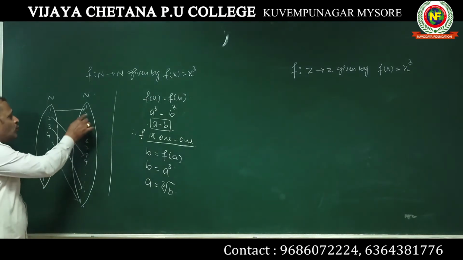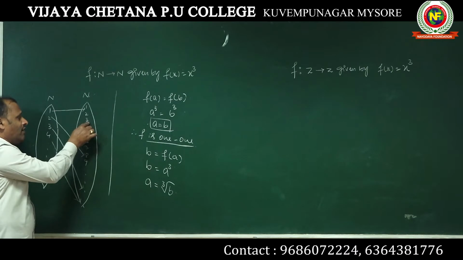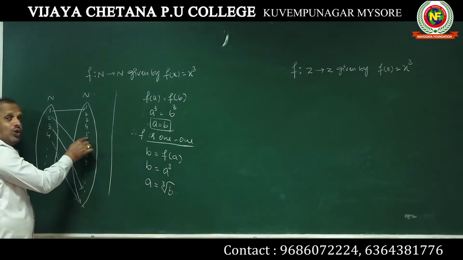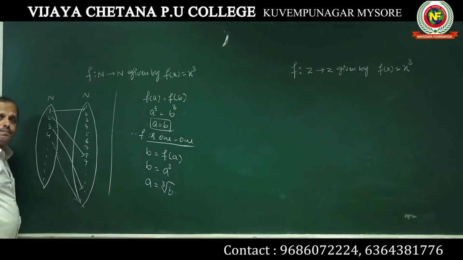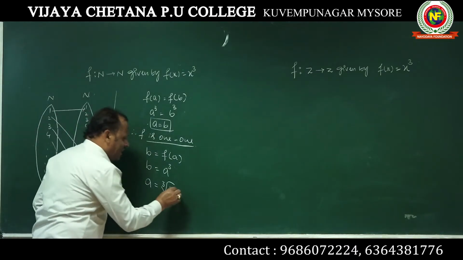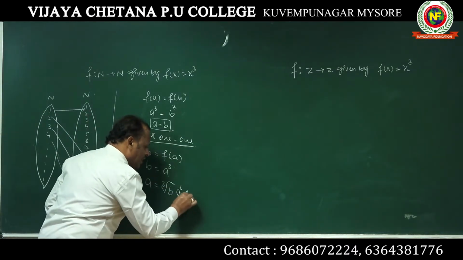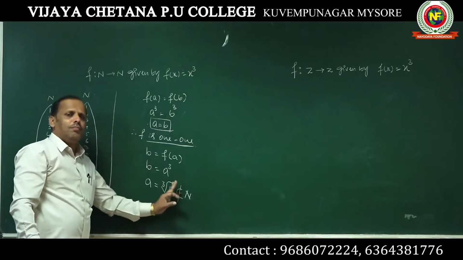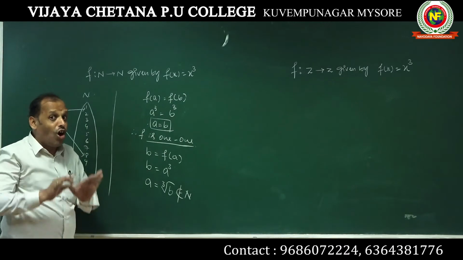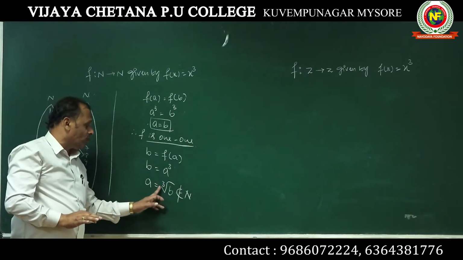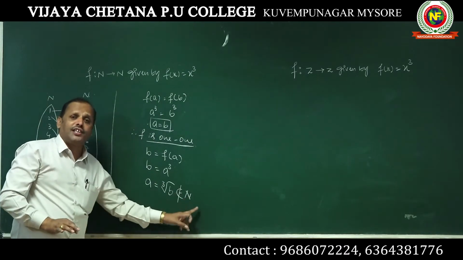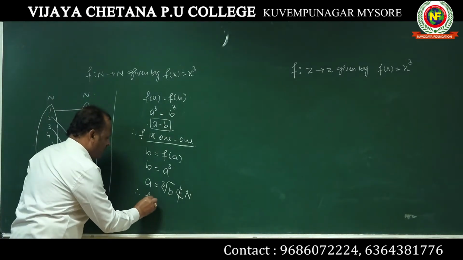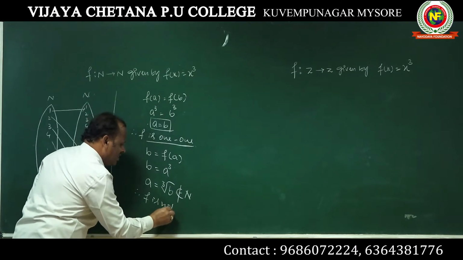But the cube root of 2 is not here, the cube root of 3 not here, 4 not here, 5 not here. Only some numbers belong to natural numbers; the cube root of all numbers does not belong to natural numbers. Therefore, f is not onto.